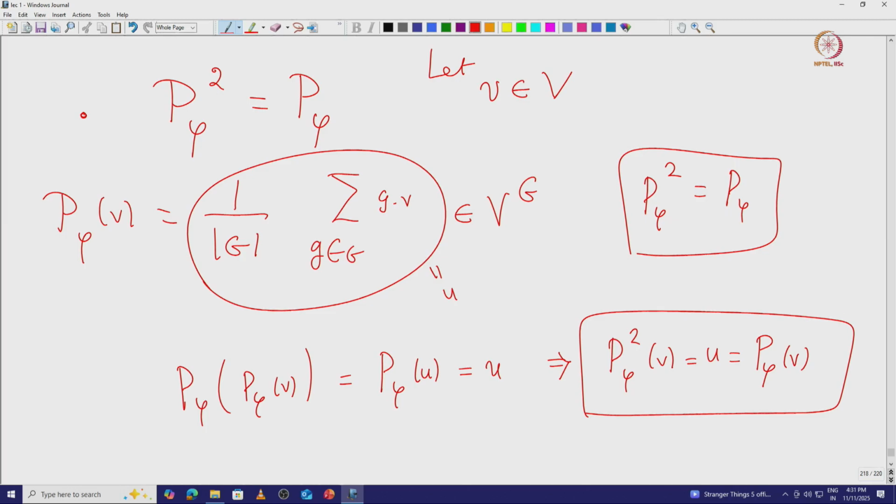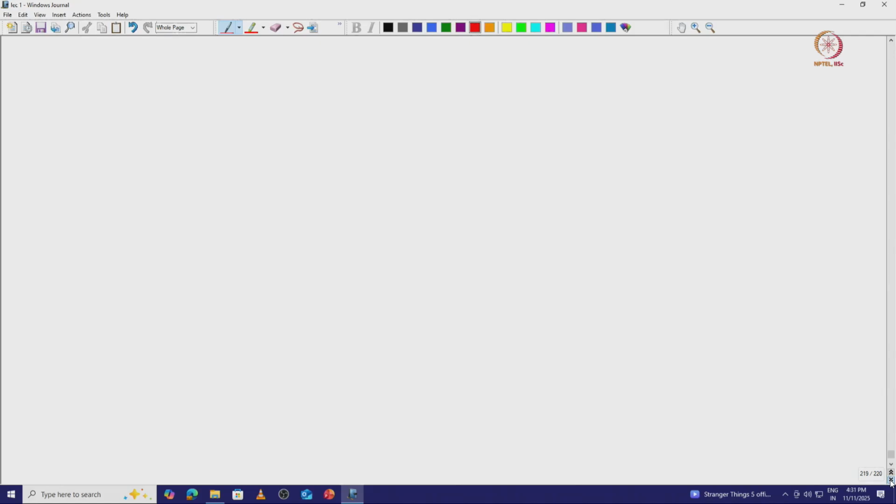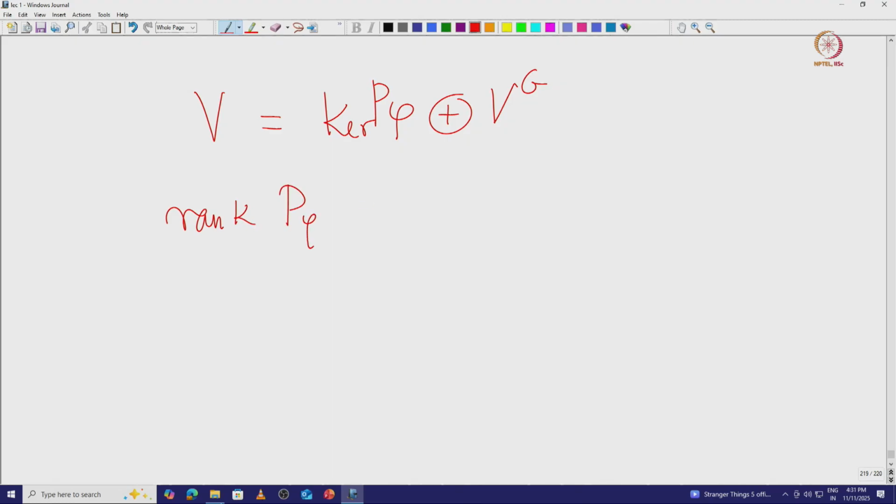Now, using the general discussion that we had before, that immediately tells you that this V can be decomposed into the kernel of this map P phi and then the image which is exactly V^G. So, in particular the rank of this projection P phi is nothing but the dimension of V^G.